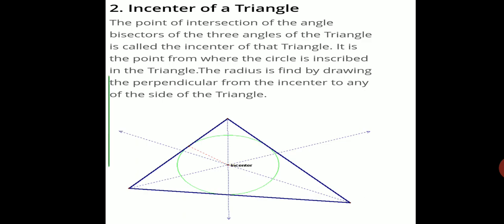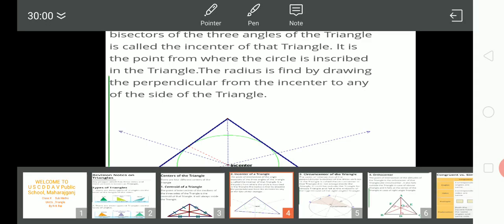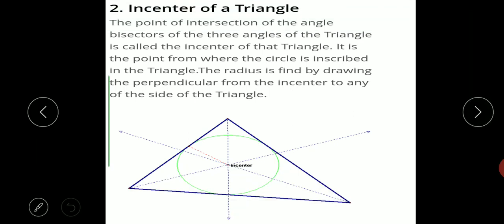So this point of intersection is known as the incenter. You can name the vertices here A, B and C, and this is the incenter.